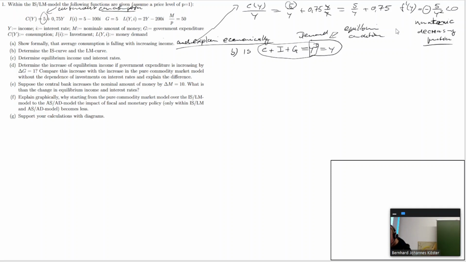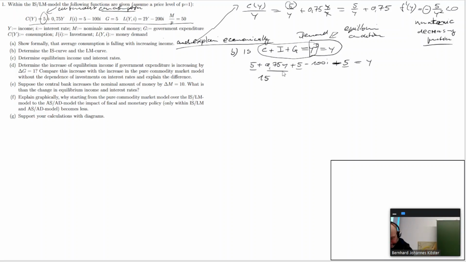Now you can just look at your explicit formulas. C is 5 plus 0.75y, plus investment 5 minus 100i, plus government expenditure 5. All independent parts add up to 15. The 0.75y we put to the other side.